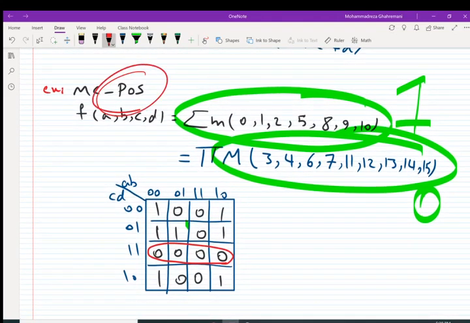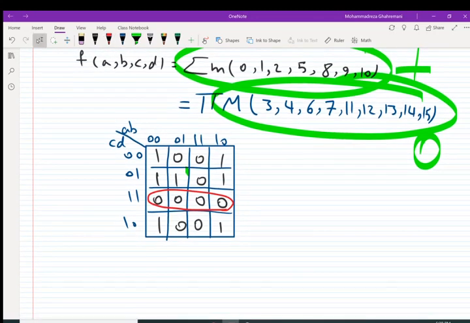Because the problem is asking us to find the product of sum. This is one group. The second group is here. Third group, the easiest one of course is this one and this one. Is it correct? Yes, but still it is not the biggest group.